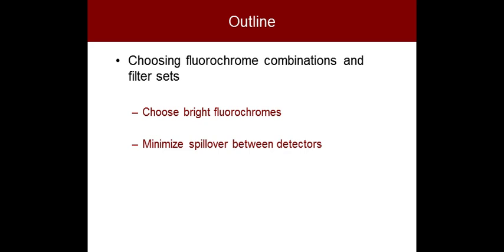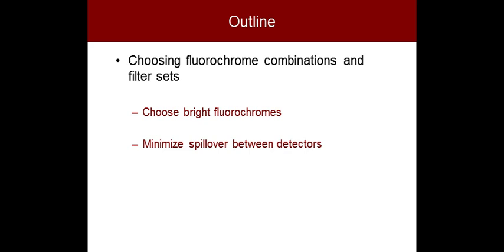But there are some fluorochromes that are very bright but very difficult to use together. An example there would be PE-Cy5 and APC. They have notorious spillover between them, and for the most part, you want to avoid using them together unless they're marking completely independent populations of cells.